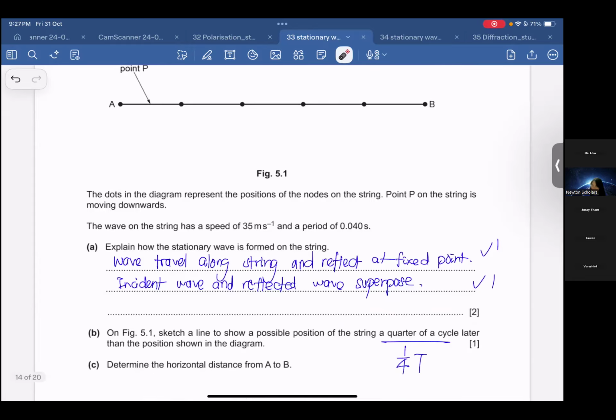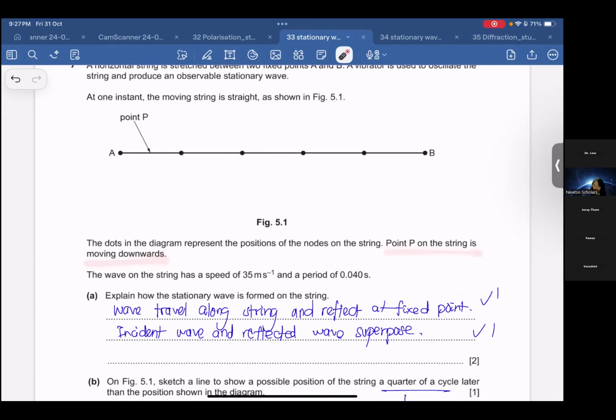And initially, the point P is moving downward. So it will go down, go up, and then go down. So 1 over 4, where is it, Wesley? 1 complete is go down, go up, and then go down again. Yes, Wesley, correct.